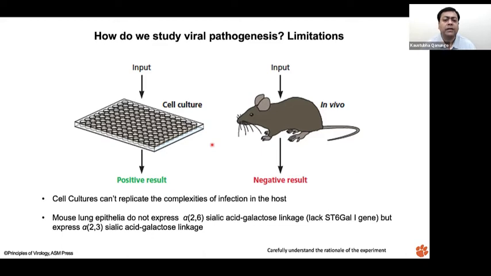And that's the reason it is sometimes very difficult to quantitate these functions. For example, carefully understand the rationale of this experiment, which is a very classic experiment. For the influenza virus, sialic acid is the receptor. You have seen in the previous slide in the virus entry chapter that sialic acid is bound to a galactose at the second position.